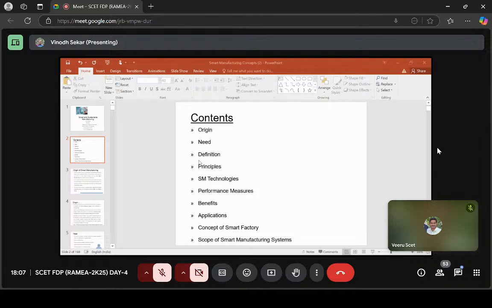Now I am on origin of smart manufacturing. No, sir. It is on the content slide. But I don't think my connectivity is fine. Okay. How about the other attendees? Same, sir. We could see only the content slide. Okay.